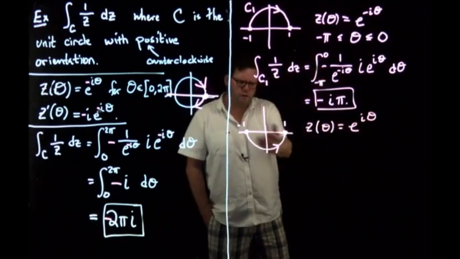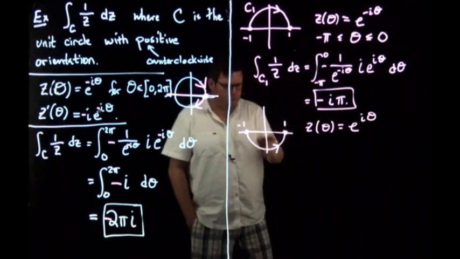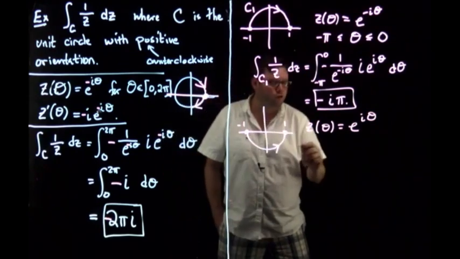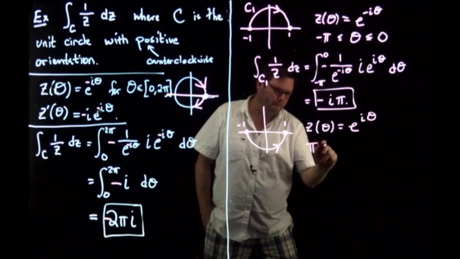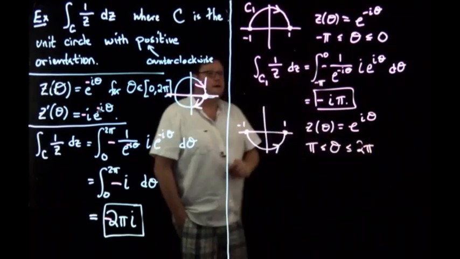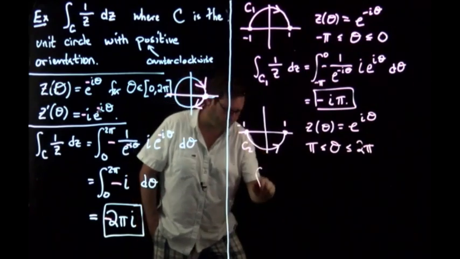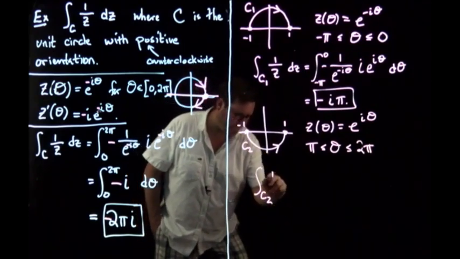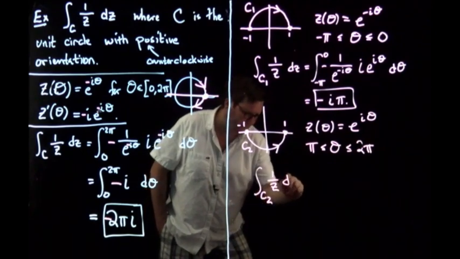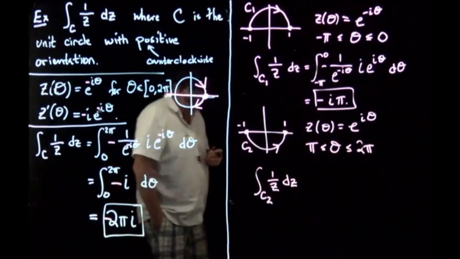And what should theta do? We could think about it as going from pi to 2 pi if we want. And we'll call this curve C2. And we will integrate 1 over z over C2 with respect to z.